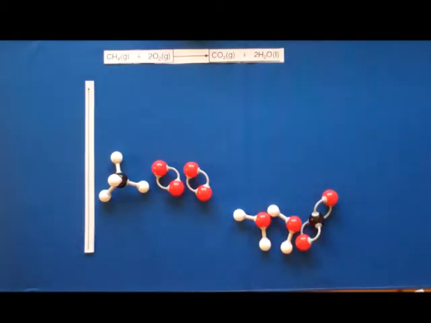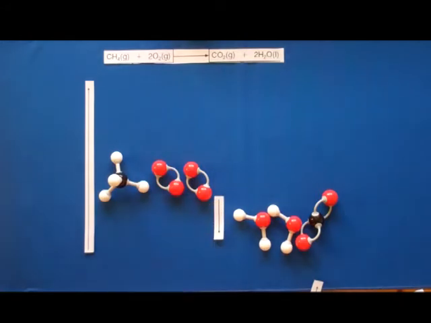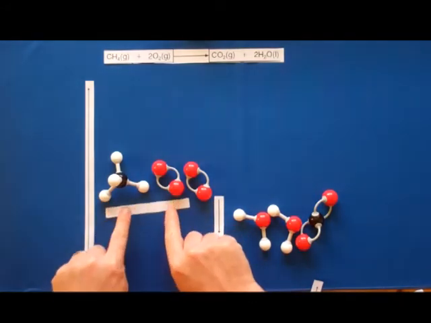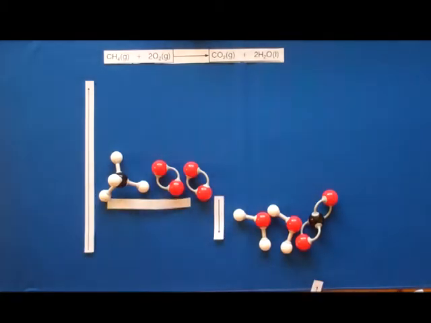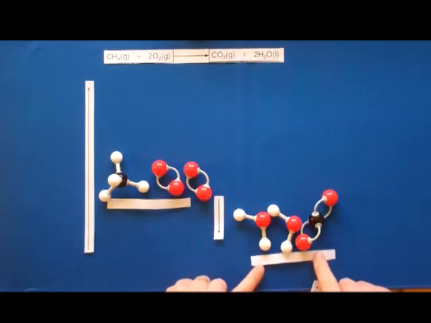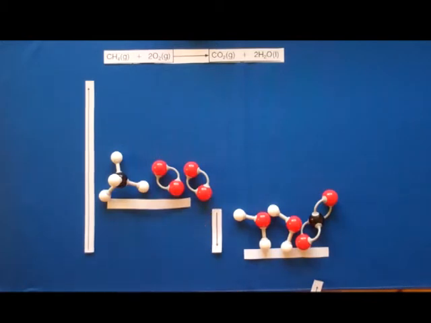Notice there is a difference in the energy level here. Okay, so my reactants are here at this level, and my products are here at this level. There's a difference in the levels. I'll come to what that means in just a moment, or how we get there.